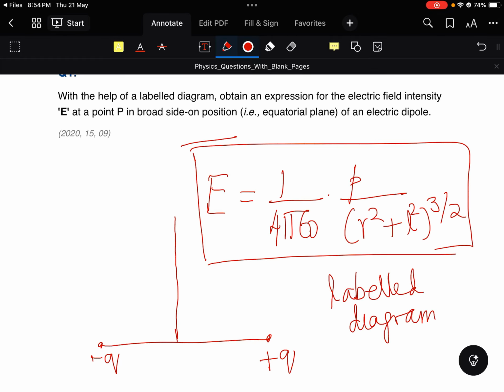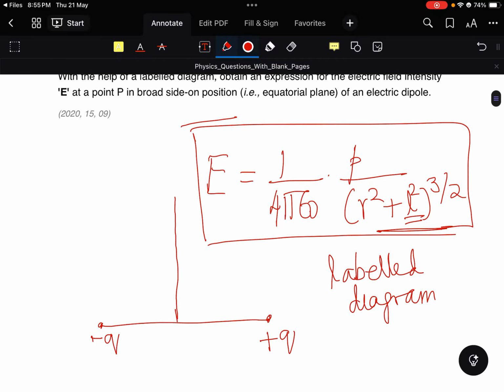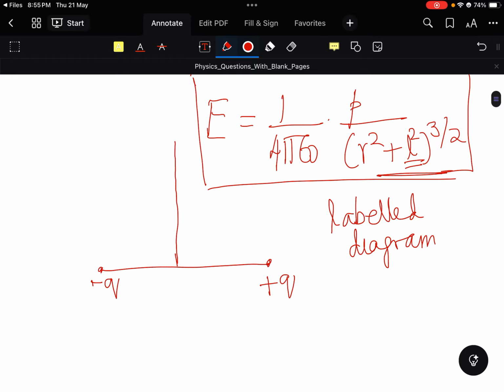In this question, it is not given that the dipole is of a small length. Therefore, you will not neglect the term of L. But if it is given that the dipole is of a small length, then you will do up to this point. After that, what will you write? Since the dipole is of a small length, the term of L can be neglected.